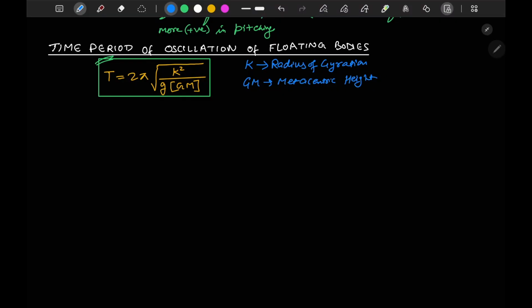So from here we can say your time period is inversely proportional to root of GM.